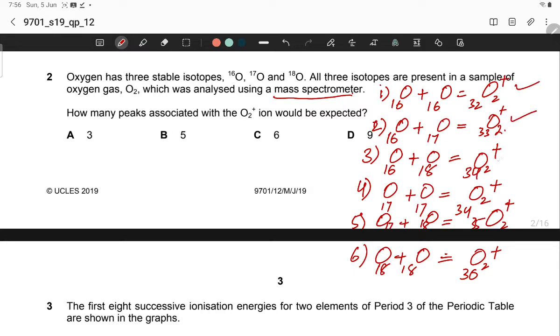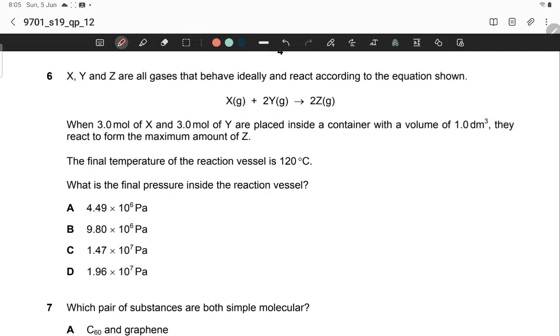Number 2, 34 molecular ion and 34: this will give one peak, not two, because both have the same mass. 35 also gives one different peak, and 36 also will give a different peak. So total peaks are 1, 2, 3, 4 and 5. The option is B.